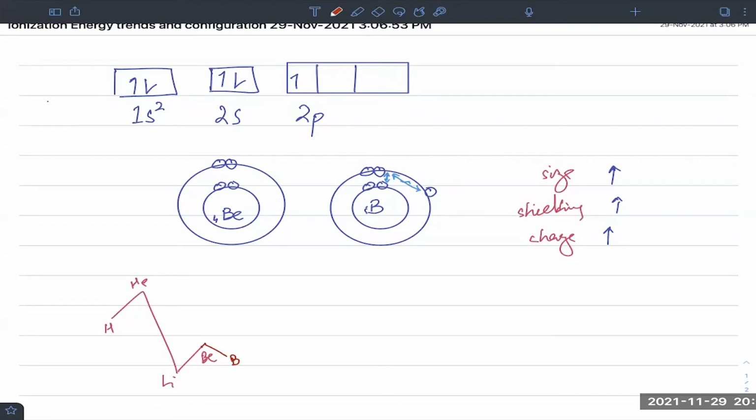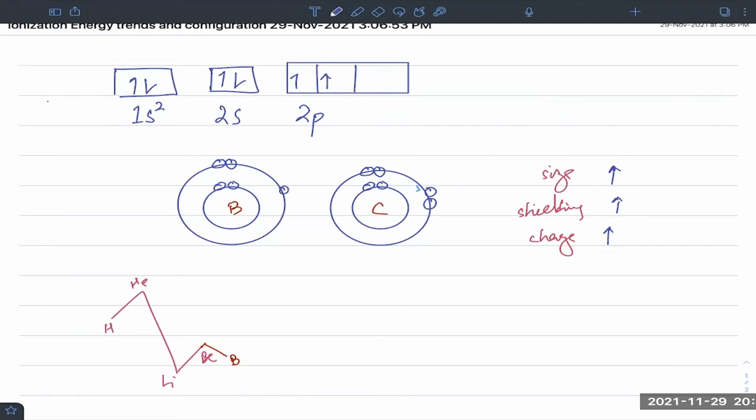All right, let's move on to the next one. So this one is for boron to carbon. Okay, so carbon's electron, where does it go? It goes here, right? So this one is a pretty simple case. What would we expect?